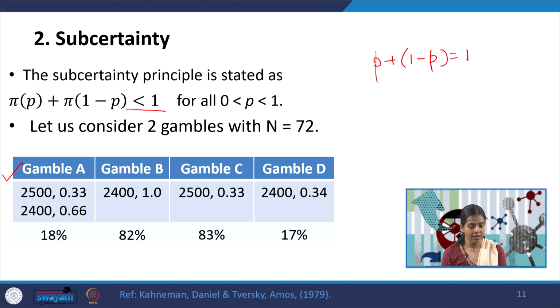Gamble B offers a sure gain of 2400 because you can see the probability is 1 and people prefer gamble B to gamble A. Now, when we are asked to choose between gamble C and gamble D, in C you can win 2500 with a probability of 0.33 and in D you win 2400 with a probability of 0.34. Then people prefer gamble C over gamble D. Here the probability differences are very small and the winning amounts are also very close, but people prefer to go for the larger winning amount.